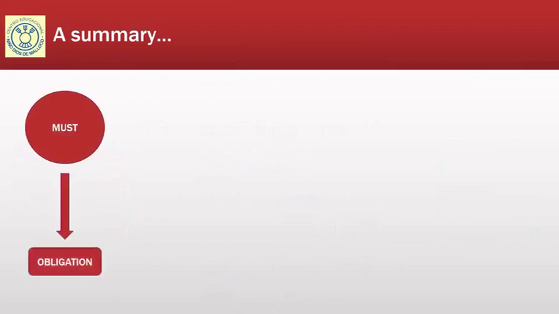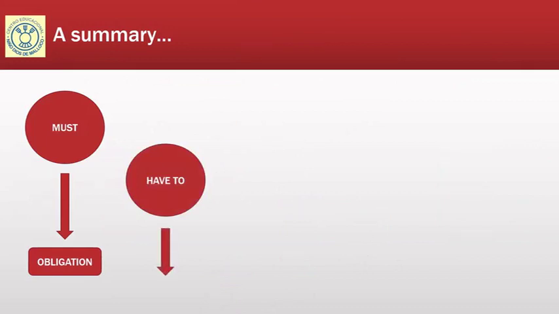Today we will continue with this idea because I know it's a bit complicated to understand. So remember, we have must. Must represent obligation. When you want to talk about obligations, you use must.